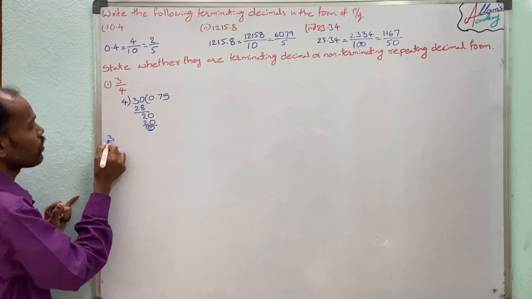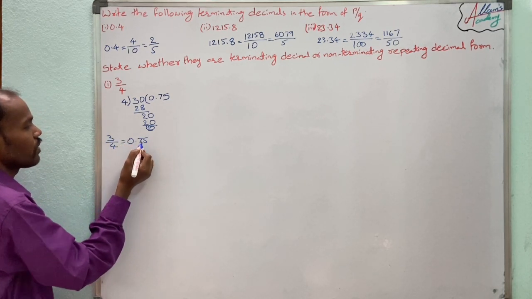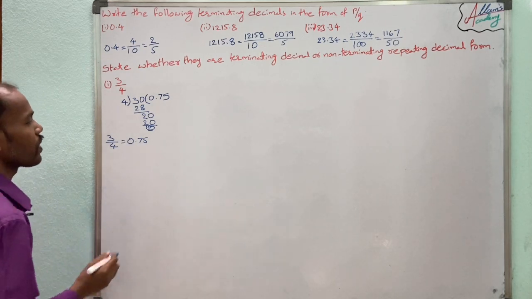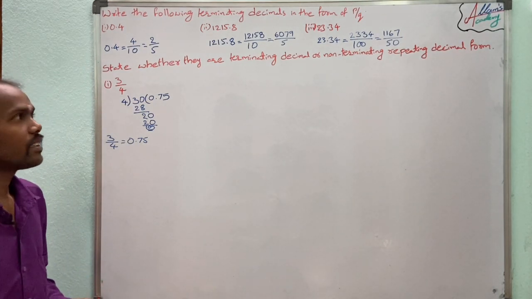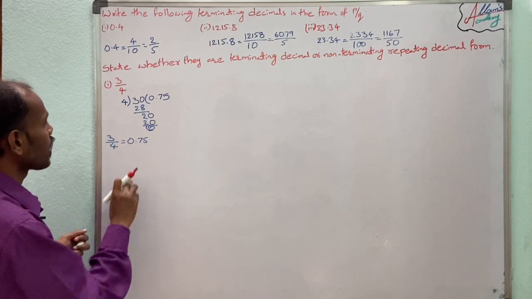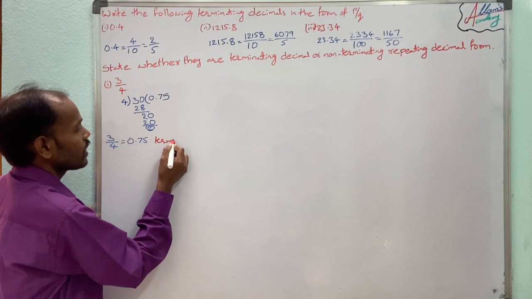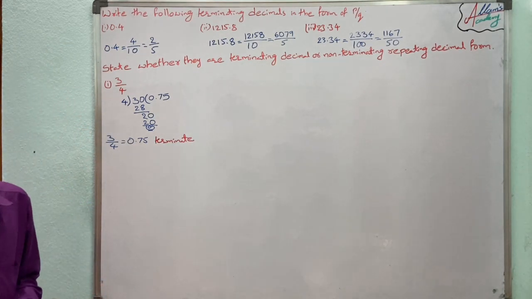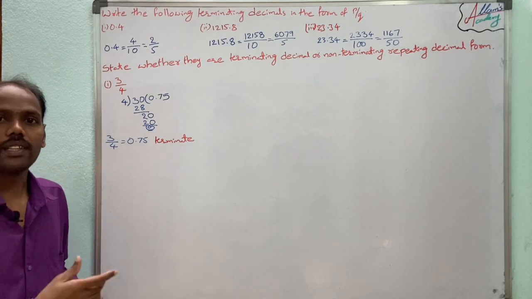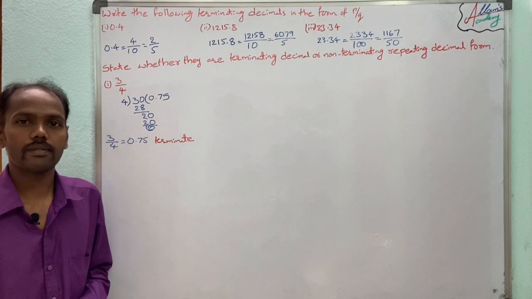So 3 by 4 is nothing but 0.75. 0.75 means it has ended. Ended means that is called terminating. So 3 by 4 is a terminating decimal.